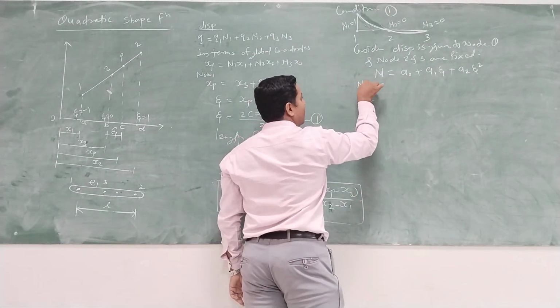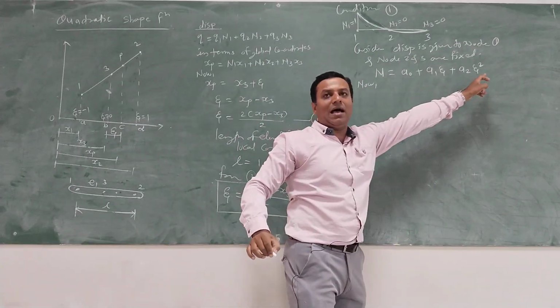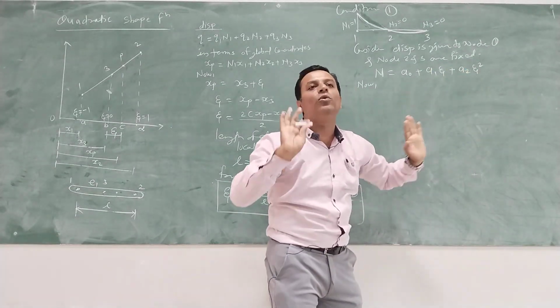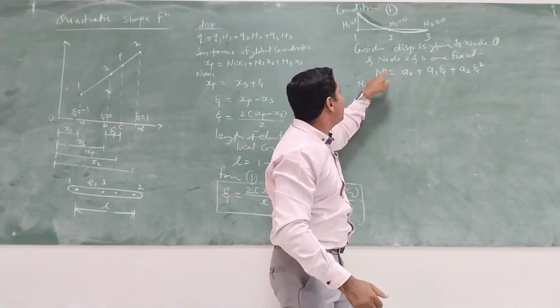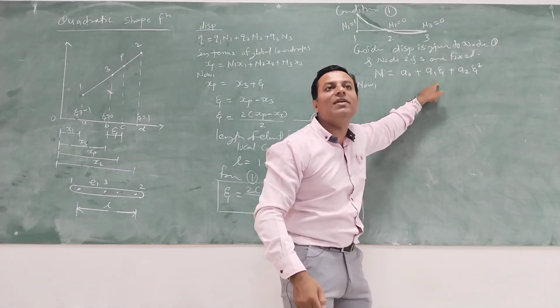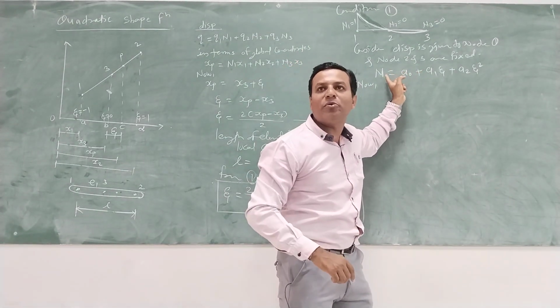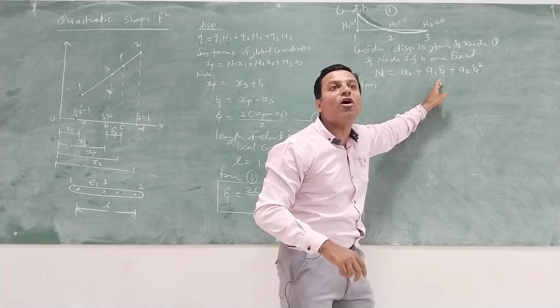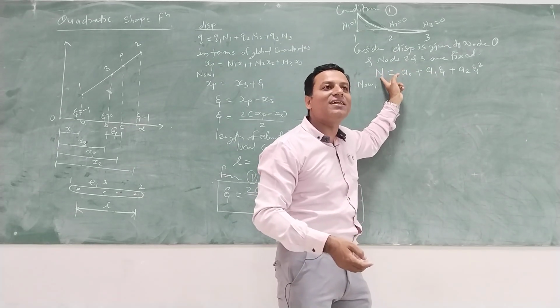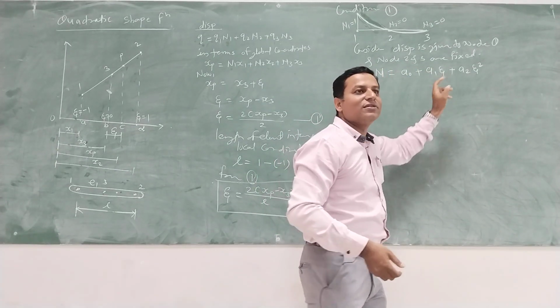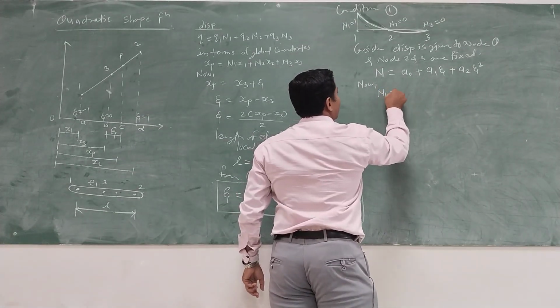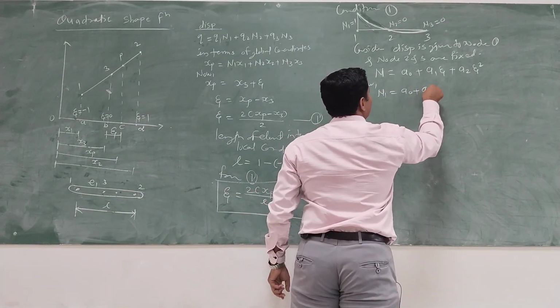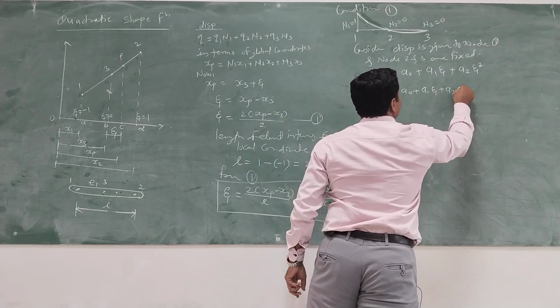Now by using this formula I'll write n1 only. मला काय लिहायचं आहे, n1. When I am going to write n1 here, the zeta will be of 1. When I am going to write n2, zeta will be of 2. And when I am going to write n3, zeta will be of 3. So n1 equal to A0 plus A1 zeta plus A2 zeta square.